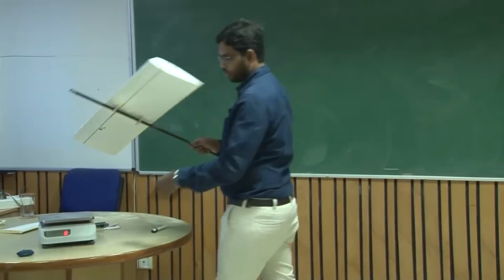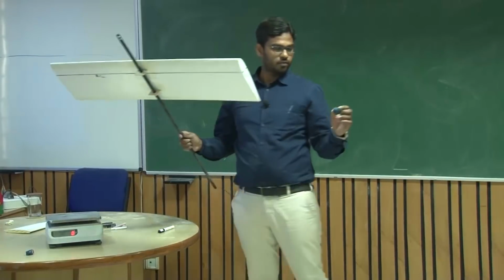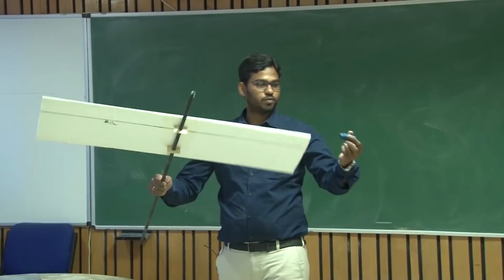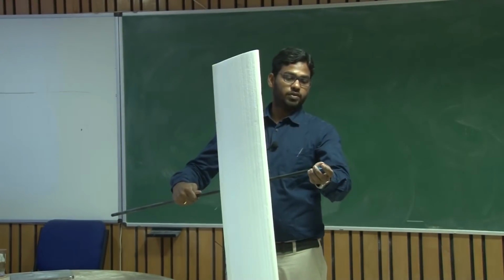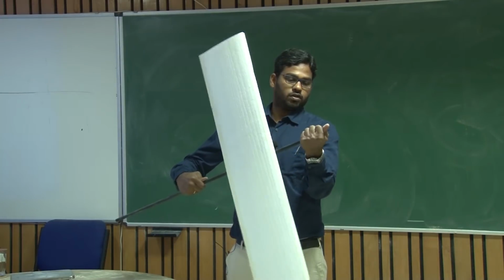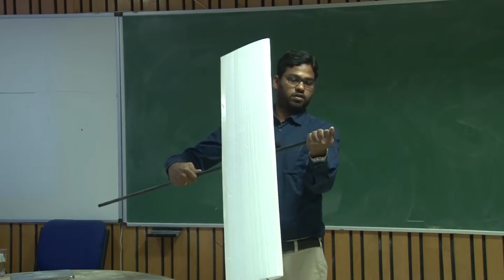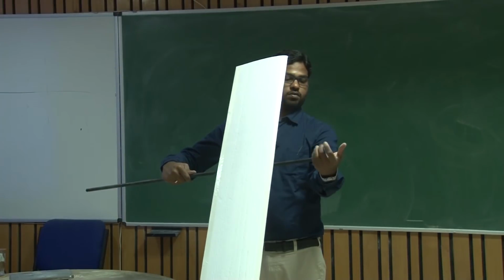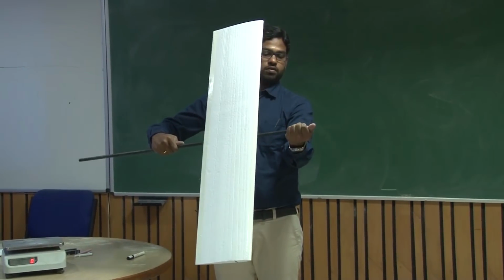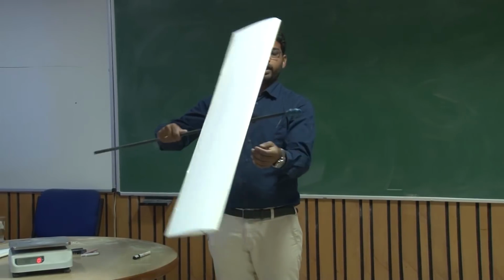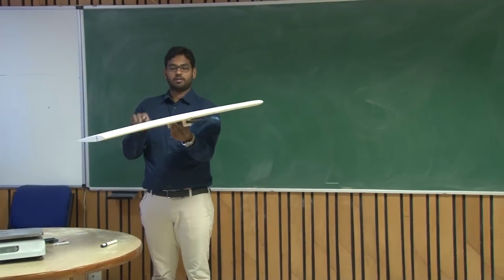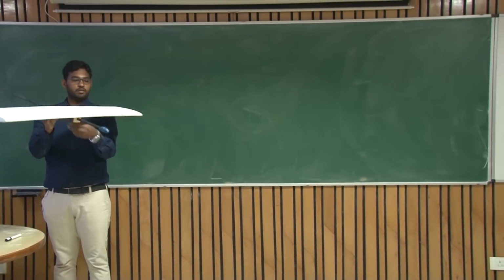Okay, let me do a small magic or a trick. This is molding clay, which I borrowed from the UAV lab here. I have attached this molding clay to this rod here, which is connecting the wing.